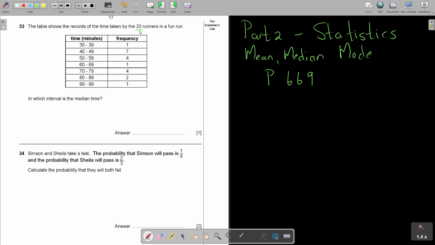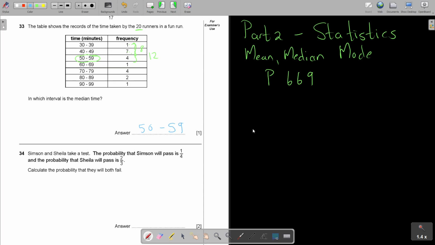Now it's 20 runners, so it's the middle time that I must look at. If I take 20 and divide it, it's the 10th and 11th. If I start adding, 7 plus 1 is 8, but as soon as I go to that next one, I get 12. So I went over the 10th and 11th, and that will be in the interval 50 to 59.